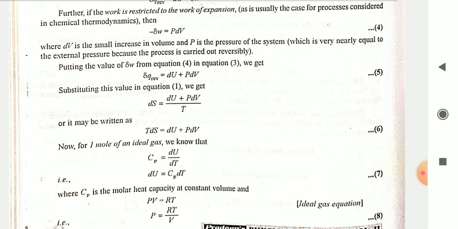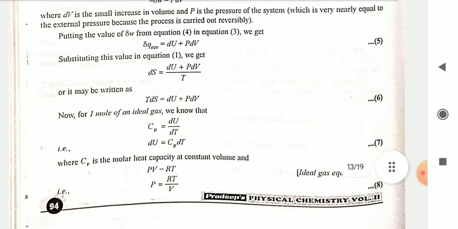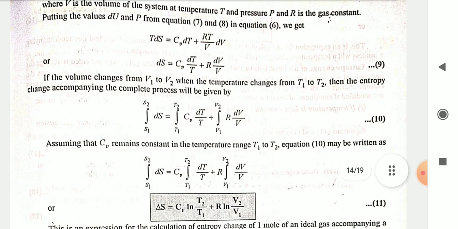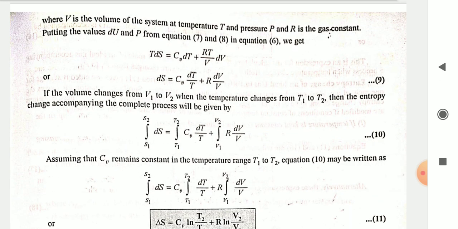Consider equation 6. Now for 1 mole of an ideal gas, we know that Cv is equal to dU upon dT, so dU is equal to Cv dT, where Cv is the molar heat capacity at constant volume, and PV is equal to RT, so P is equal to RT by V, where V is the volume of the system at temperature T and pressure P, and R is the gas constant.